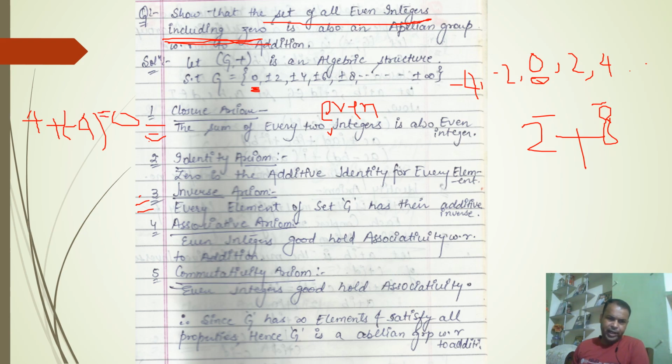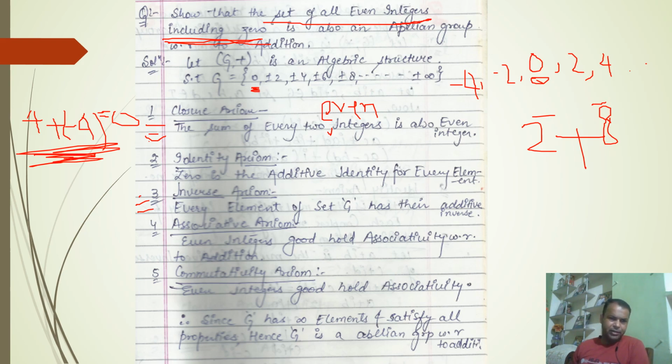A student can justify this result with the statement that the additive inverse of a positive even integer will be the similar negative even integer, and the inverse of any negative even integer will be the similar positive even integer.